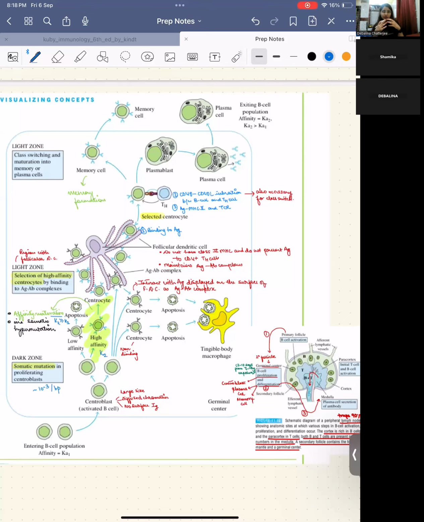And the body wants to select for the B cell that can react to the foreign antigens only. So there also, for recognition purpose of antigen, you can have somatic hypermutation and some sort of those things happening there. So it's not like it will completely be absent there. But somatic hypermutation is a phenomenon that is talked about in context of dark zone of germinal centers.